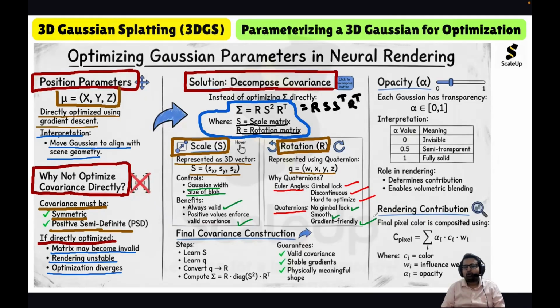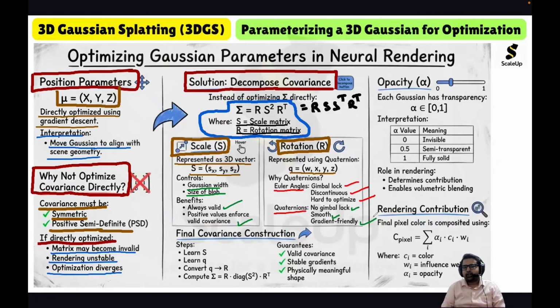With Euler angles, the problem is that while we are optimizing, we might get some angles which might not exist at all. But with quaternions, since it is smooth, whatever value we get after optimization is valid. The 3D Gaussian is defined for that value. So now it's very clear that the covariance matrix, we will not use it directly.